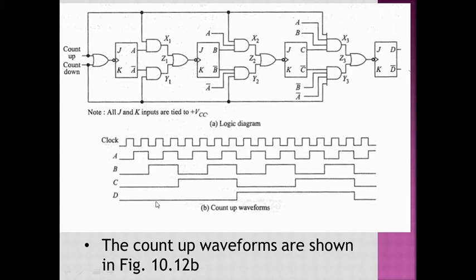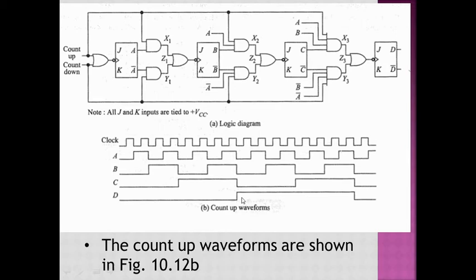Next clock pulse, what will be the output? 0, 0, 1, 0. Next negative edge of the clock pulse, what will be the output? 0, 0, 1, 1. Then 0, 1, 0, 0. Then 0, 1, 0, 1. Then 0, 1, 1, 0. Then 0, 1, 1, 1.